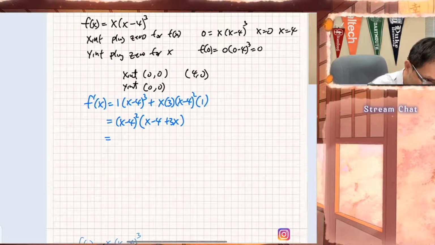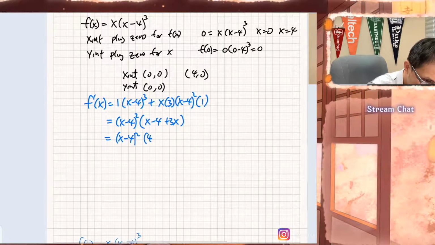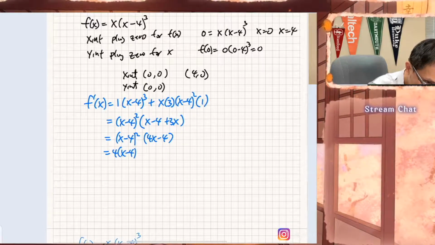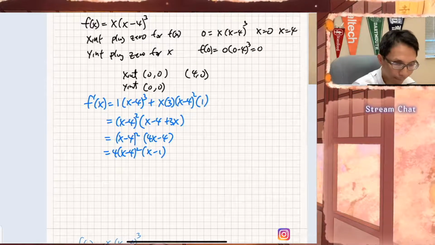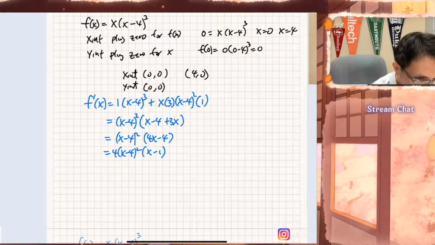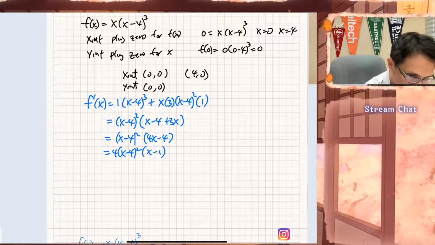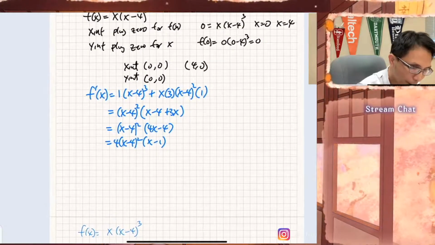So that's equal to x minus 4 to the second times 4x minus 4. I can even factor out 4 like this. Well, I don't have to, but I factor out GCF. Anything GCF I can see, I factor out. So it's x minus 4 cubed? Square. X minus 4 squared.